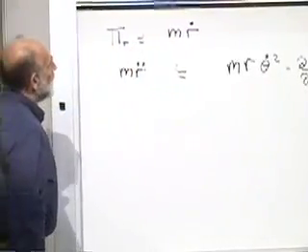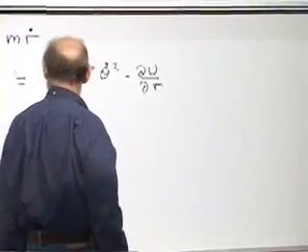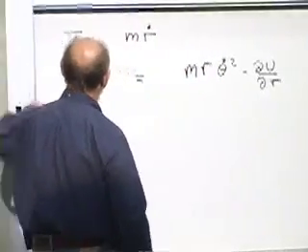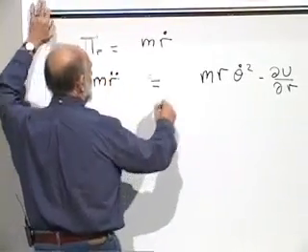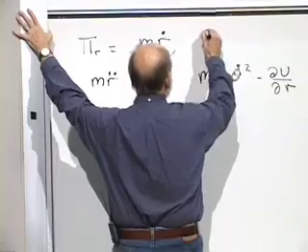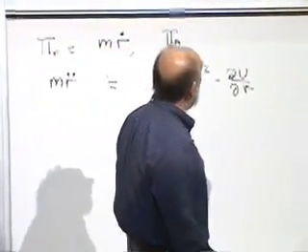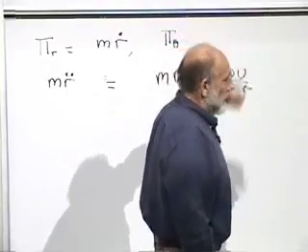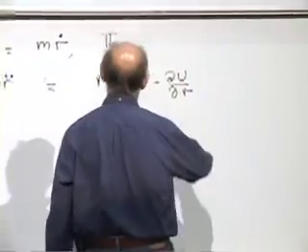Okay, let's write down, as Michael said, the equation for theta. All right, so let's figure out what pi sub theta is. Pi sub theta is the derivative of the Lagrangian with respect to theta dot. Notice theta dot squared appears, so we have to differentiate theta dot squared.